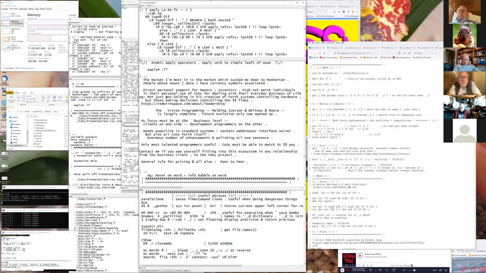Example: not just Don Golding and his creation of Forth Systems controlling hardware, space hardware, all the hardware. This is definitely the domain where I worked to connect the APL to open the entire spectrum all the way down to the machine.